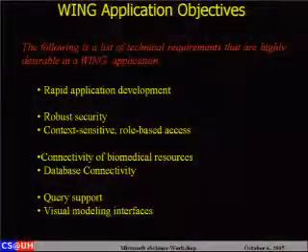Again, we want to build this quickly. I call this the WING application. So using the technologies, the .NET, the ASP.NET, the ADO.NET, we can actually archive and store metadata. We want to have security, and also we have to allow access to the information based on roles.